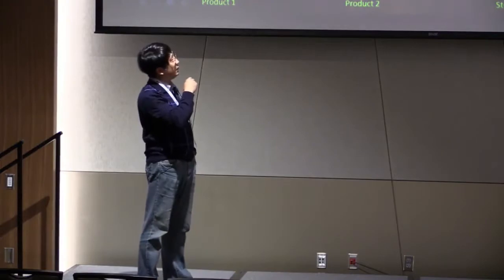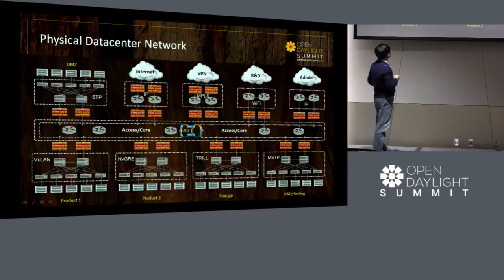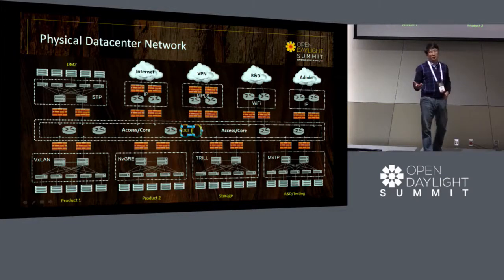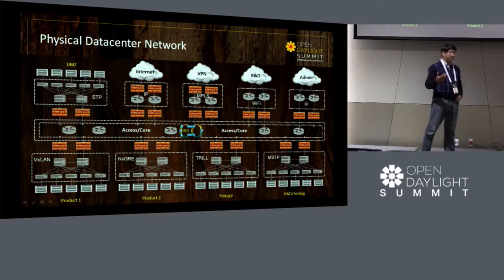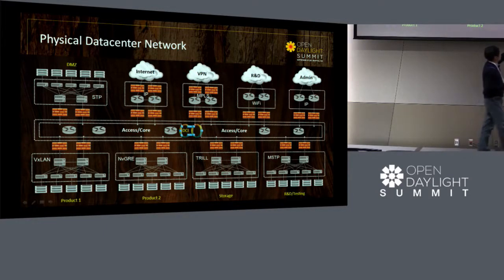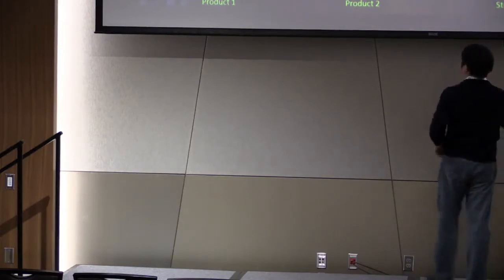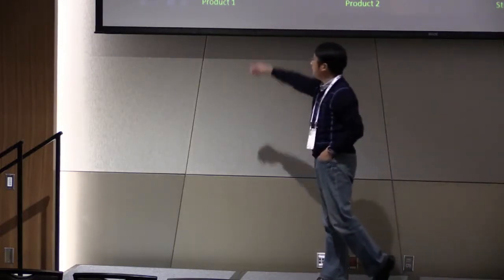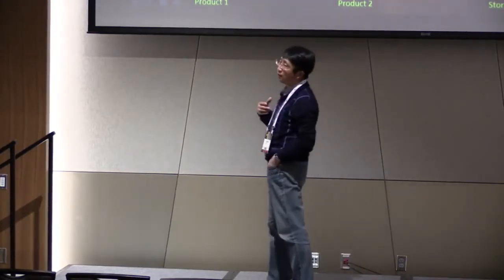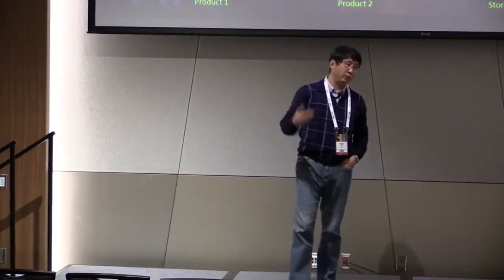Customers can ask us a lot of things, not just focusing here, but also on the middle, access and core. They call that one the SDN network because they already built some services here and some new services here. The problem for them is how can I create end-to-end paths. That path probably crosses several physical networks.